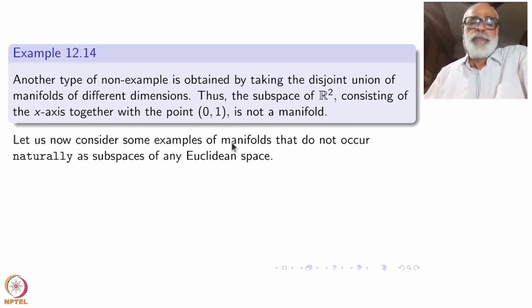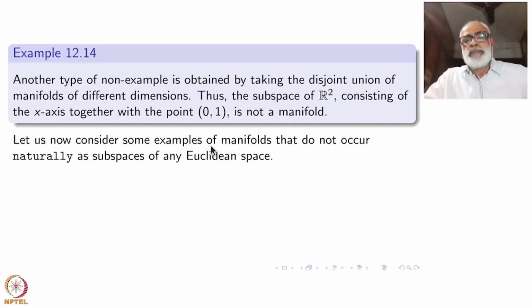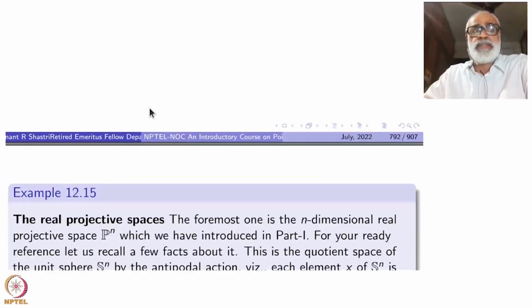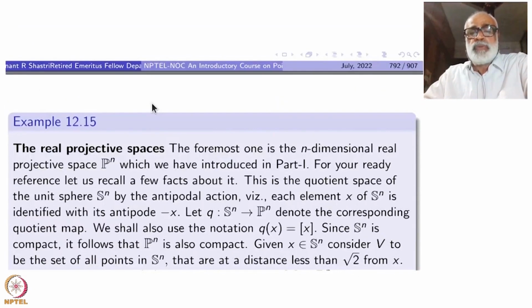Let us consider some examples of manifolds that do not occur naturally as subspaces of Rn. So far, our examples were all subspaces of Rn and counterexamples were not subspaces of Rn. Now let us see something which does not occur naturally as a subspace, but is a manifold.